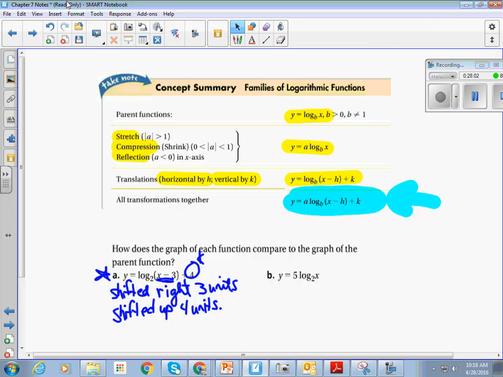Okay, let's look at our next guy. He's covering the stretch for us. We have no values inside the logarithm or outside the logarithm being added, so there is no translation right, left, up, or down. We do have this coefficient.